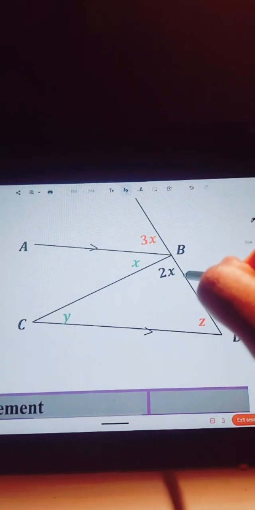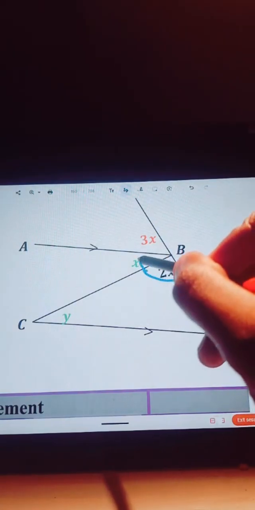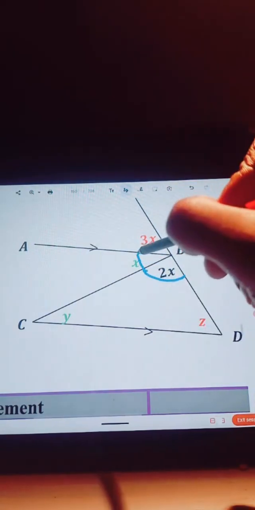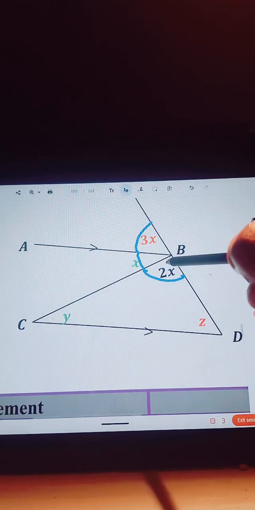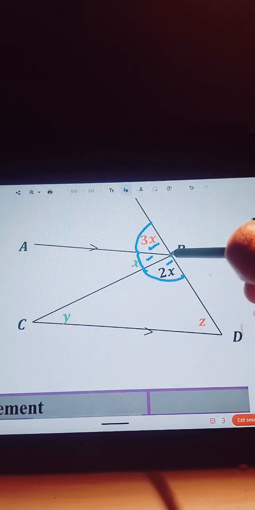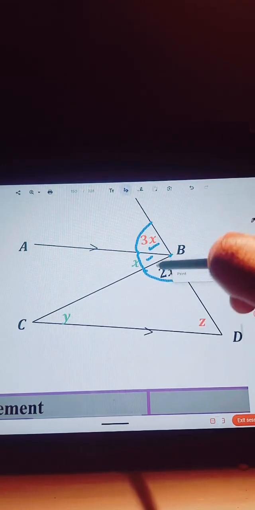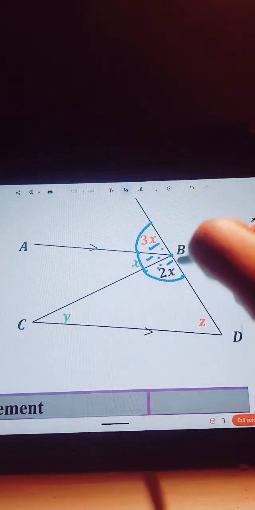If you look at x though, this angle from here to there is 2x, from here to there is x, and from here to there is 3x. What do you notice, guys? These three angles share a common vertex, and they are adjacent, or next to each other. So what do we know about angles that are adjacent?